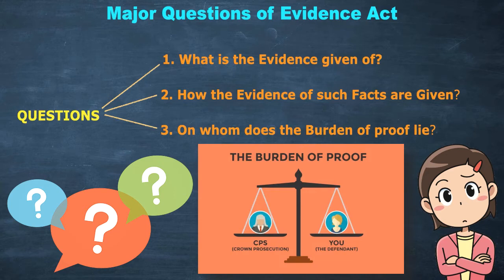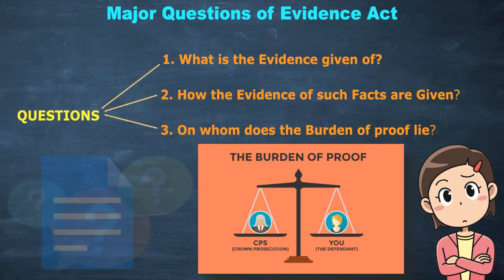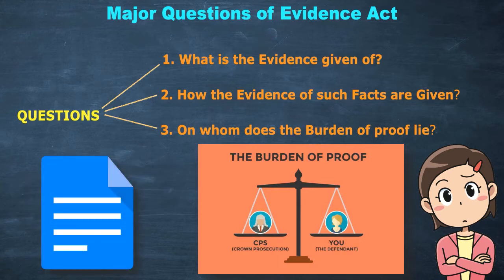Burden of proof, that is, of a particular fact, or you can also say onus of proof, to prove the whole case, lies on the prosecution. So normally it is the prosecution who needs to prove the offense.